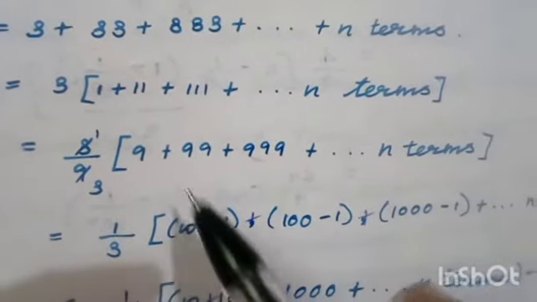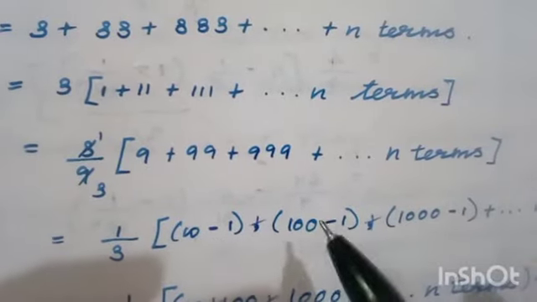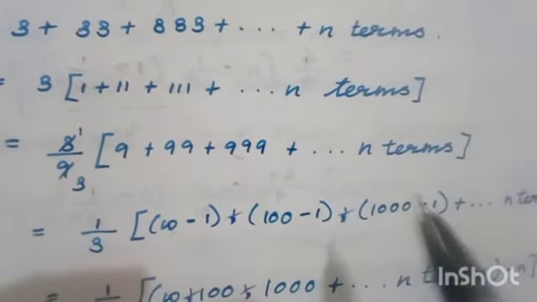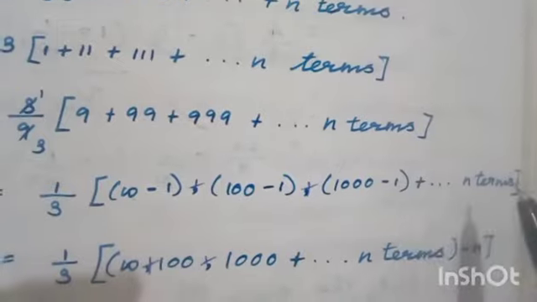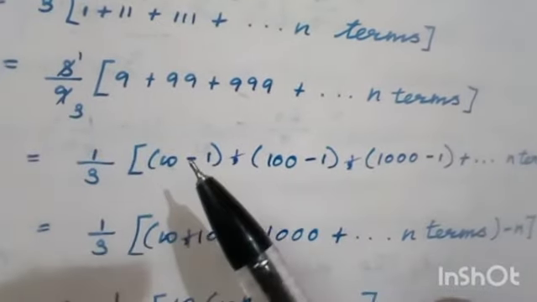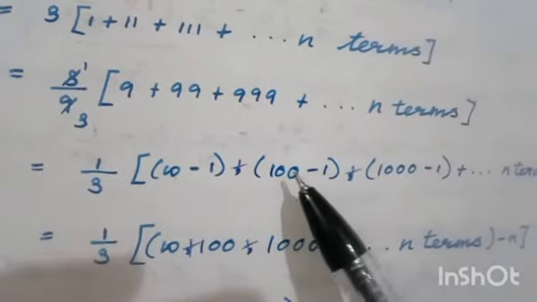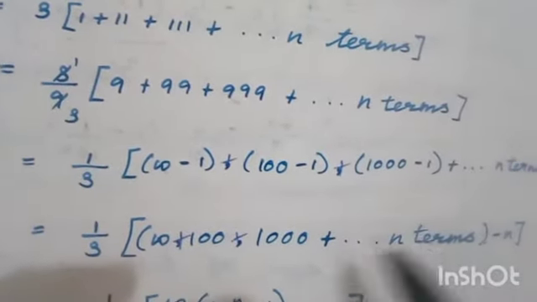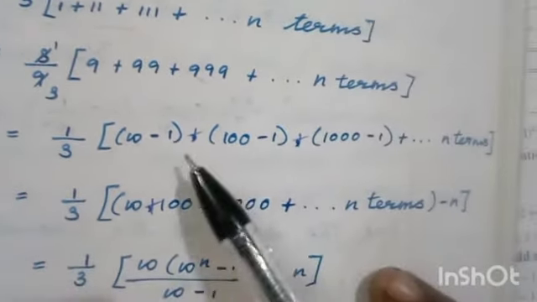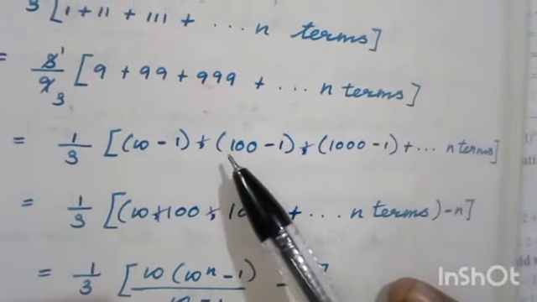So 9 is written as 10 minus 1, 99 is 100 minus 1, 999 is written as 1000 minus 1, to n terms. So now 1 by 3 into the terms: first the positive terms 10, 100, 1000 etc. to n terms, then the second terms are minus 1 minus 1 minus 1.